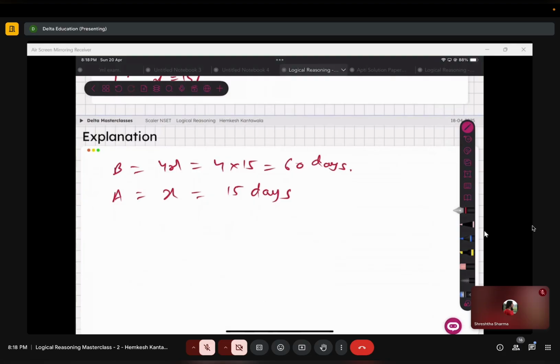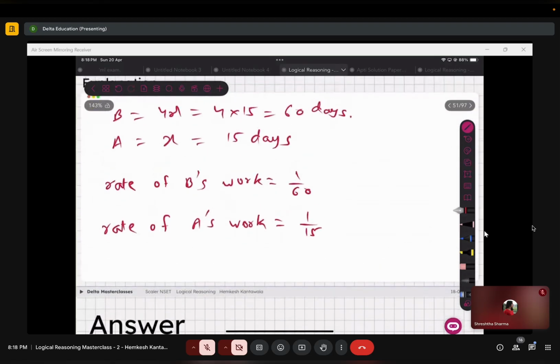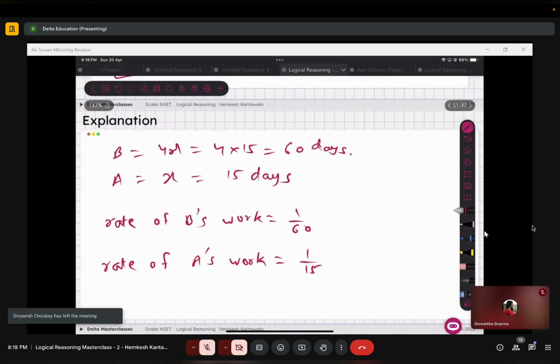The rate of B's work would be nothing but 1 by 60. The rate of A's work would be 1 by 15. Now, if both of them are doing the work simultaneously, we would add the rates of both of them.